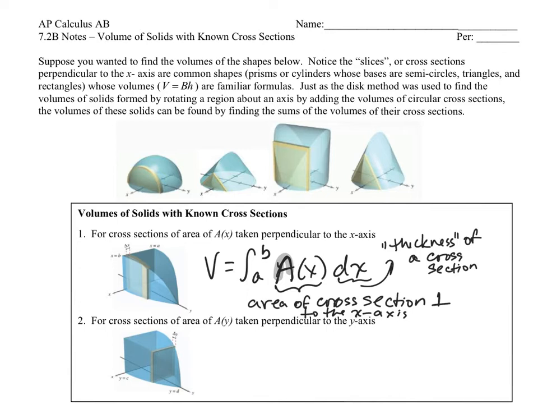To find that volume, since we want to differentiate from our x-bounds, let's call these y-bounds c to d, and we take the integral from c to d of A of y dy, where this A of y is the area of a cross-section perpendicular to the y-axis, and the dy is the thickness of that cross-section.